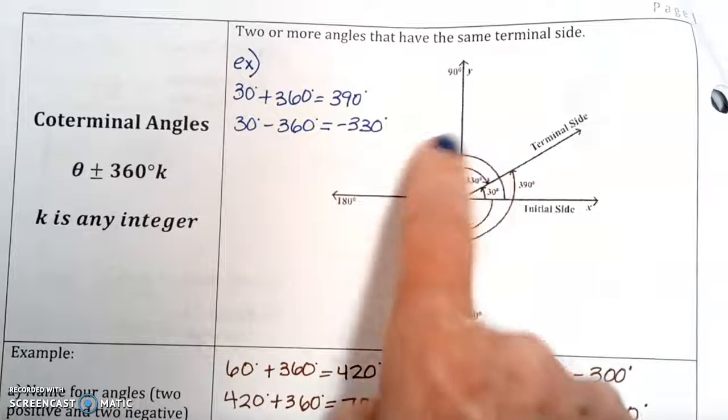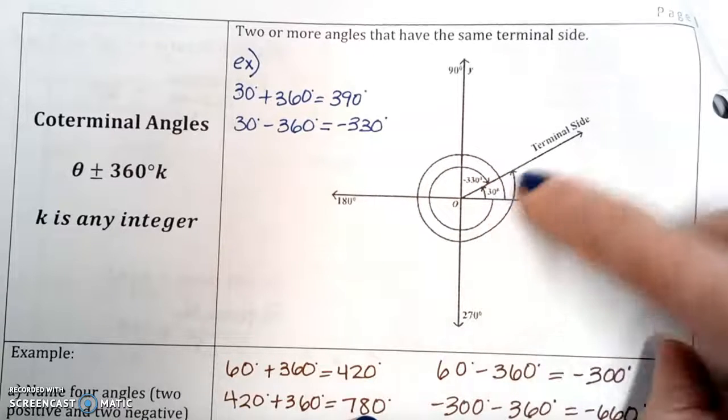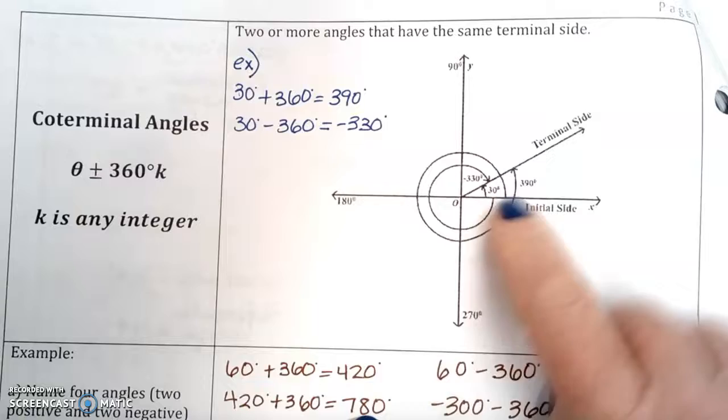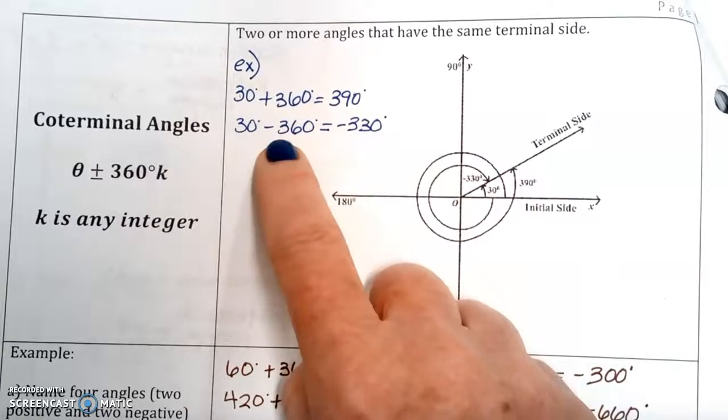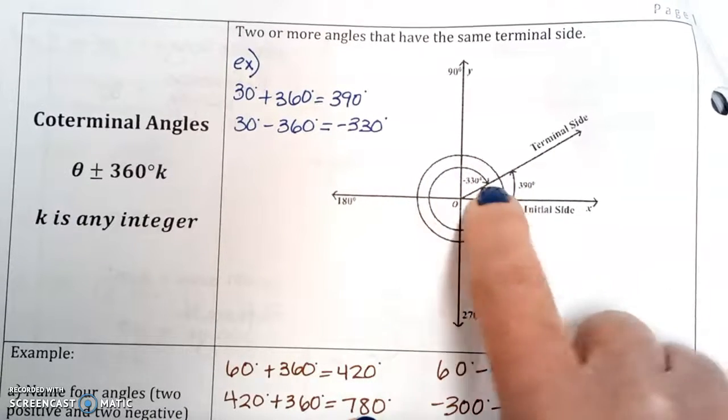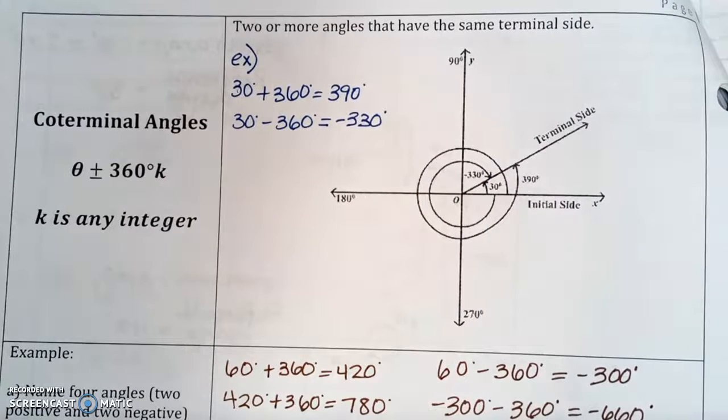So if you start here, go around, add 30, it has the same terminal side. Or you can start with 30, subtract 360, and go clockwise, and you'll end up with negative 330.